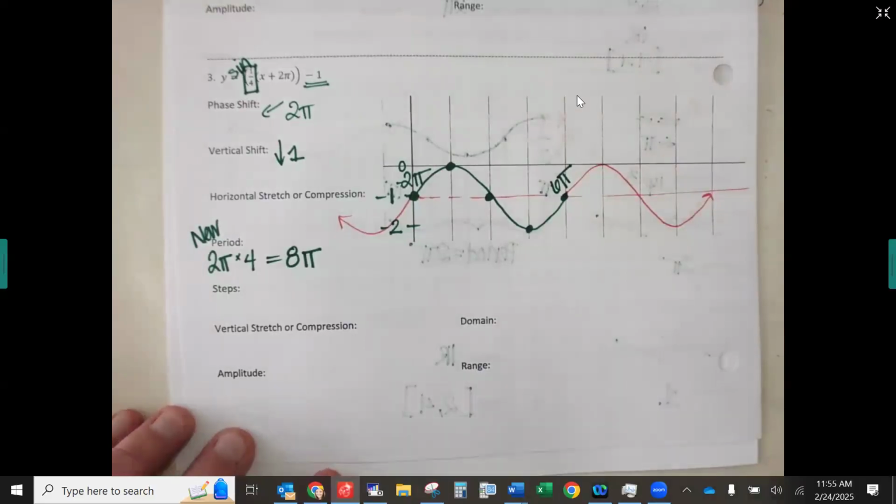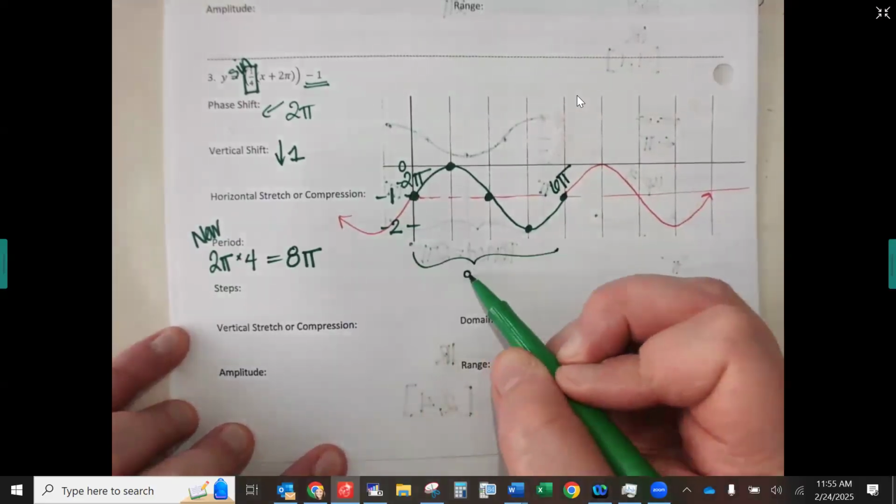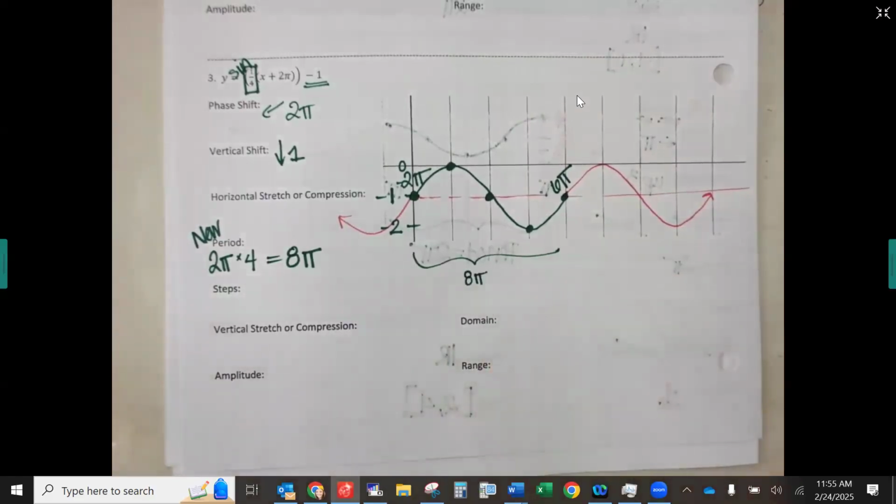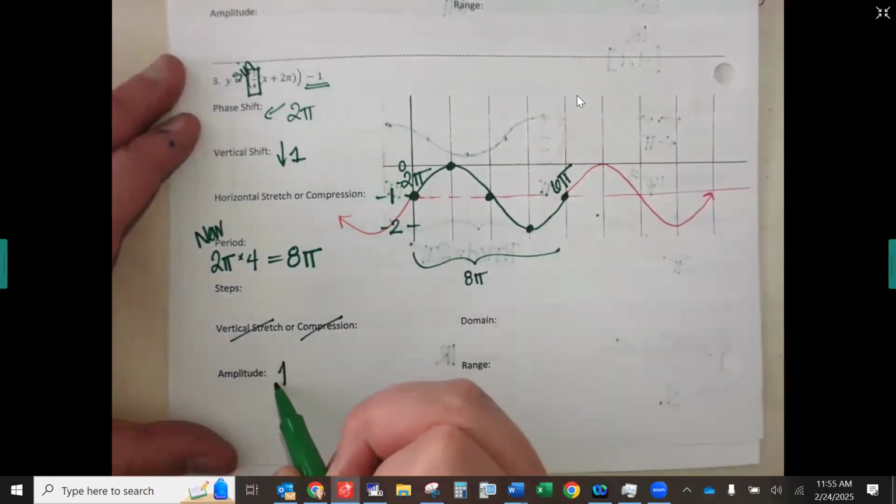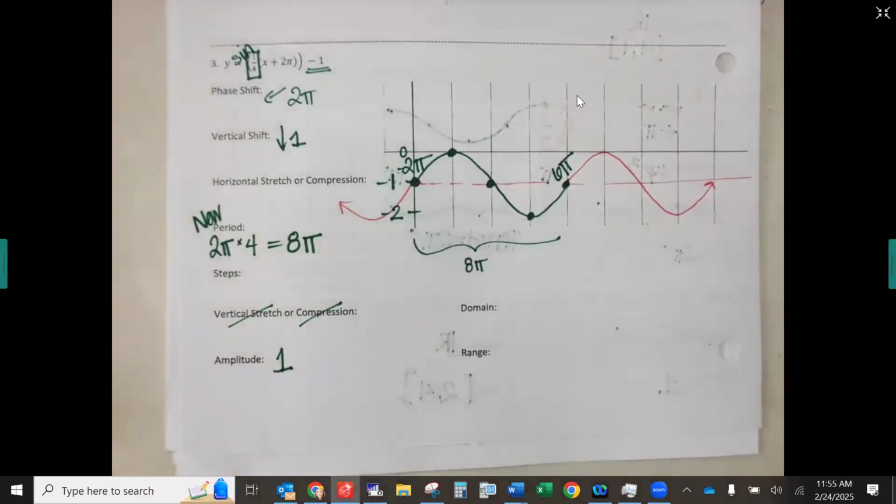Because from here to here, it should take a full 8 pi to cycle through that. Vertical stretch or compression, this one didn't have one. So my amplitude is still 1. Okay, then again, you should be able to do domain and range, but it's pretty similar. All right, go ahead and turn the page.